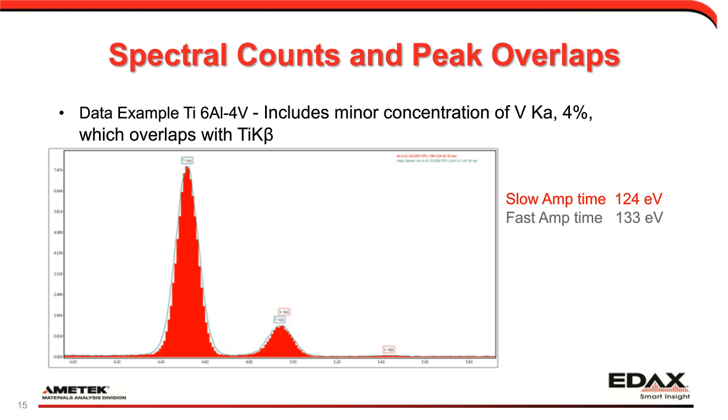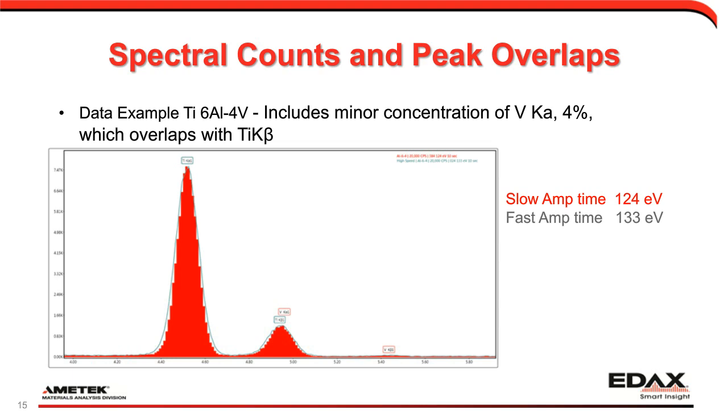So 139 is the poorest that this detector would ever perform at, meaning that we're able to process 750 or more thousand counts per second at our fastest process time, even with low energy. We have some previous webinars where we have, say, carbon being detected in a steel matrix at greater than 750,000 counts per second output.